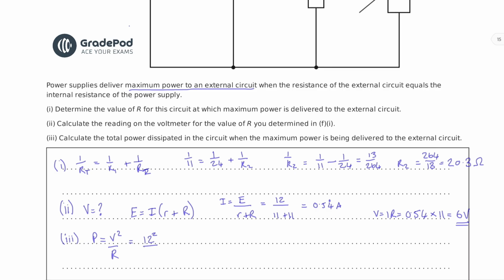I'm going to put the total resistance in, which is 11 plus 11, because the resistance of the external circuit is 11, but that's in series with the internal resistor, which is 11, so it's 22. So 12 squared divided by 22 gives us a value of 6.54 watts. And there are our answers.